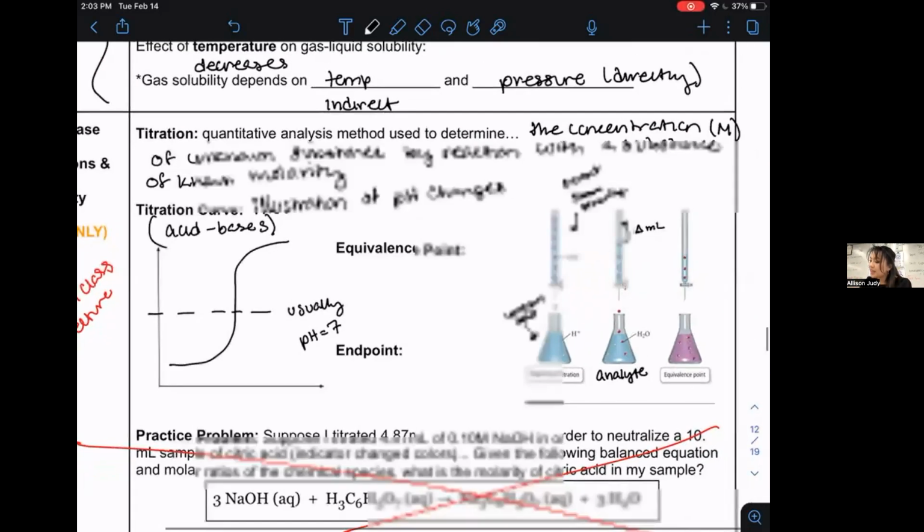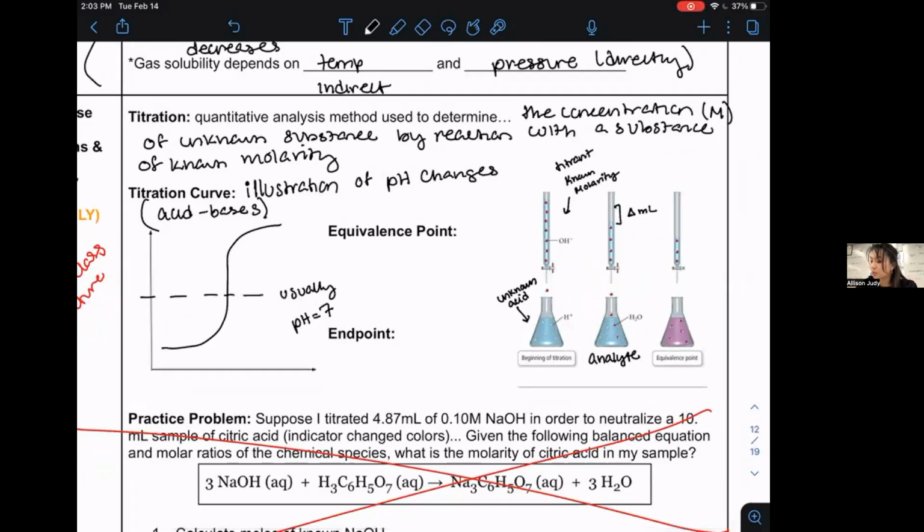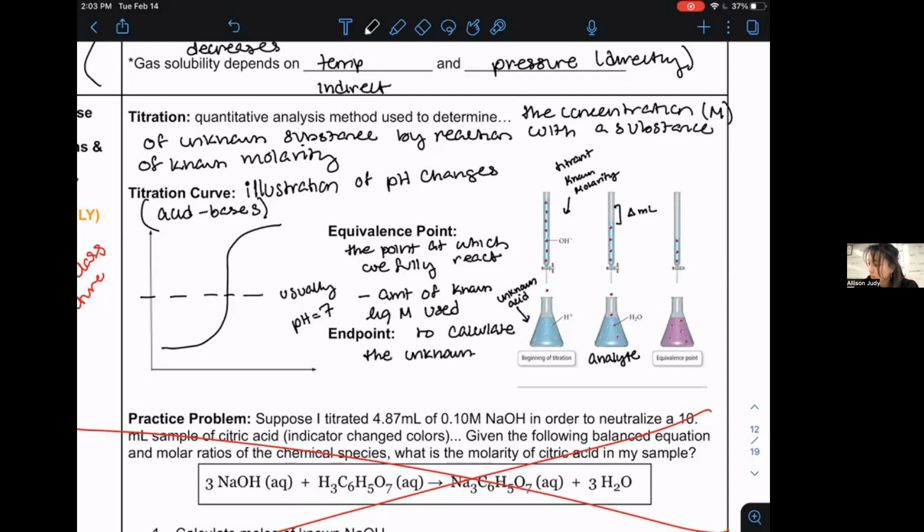So that's the big idea, is that the equivalence point is the point at which we fully react. And we can use the amount of known liquid molarity used to calculate the unknown molarity.